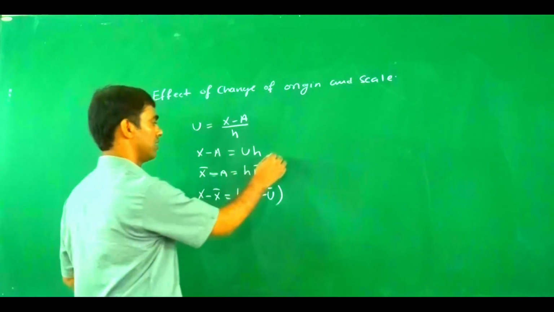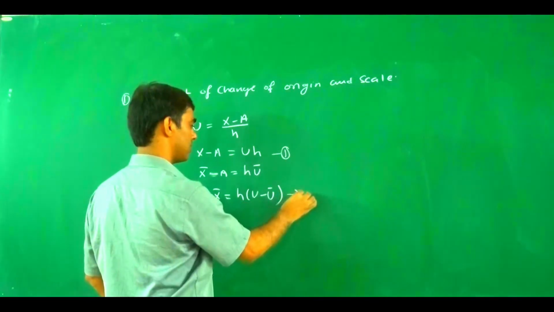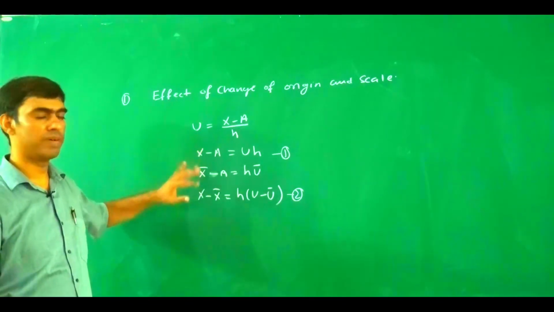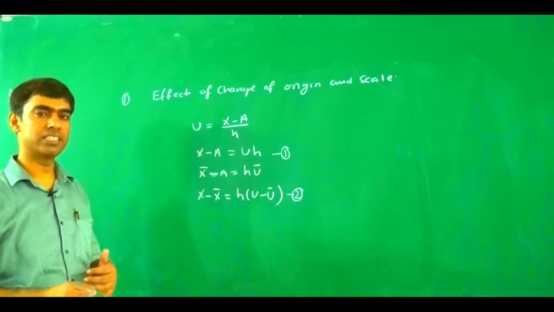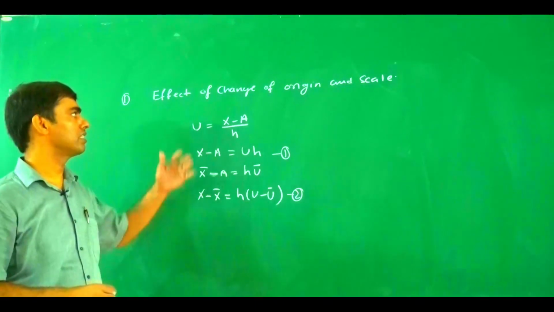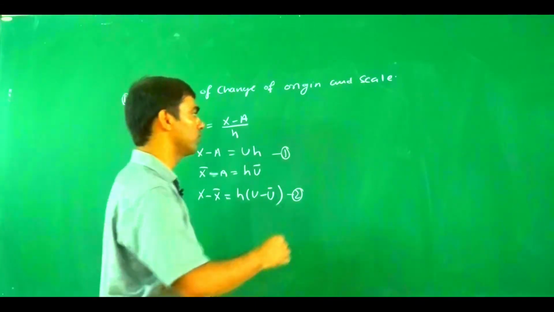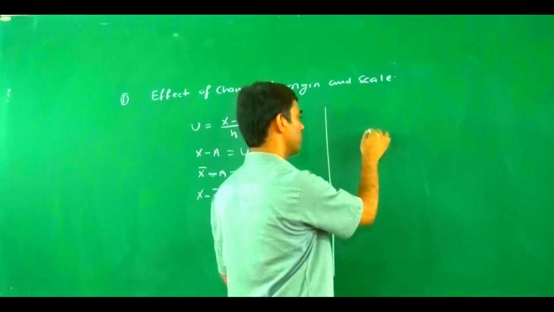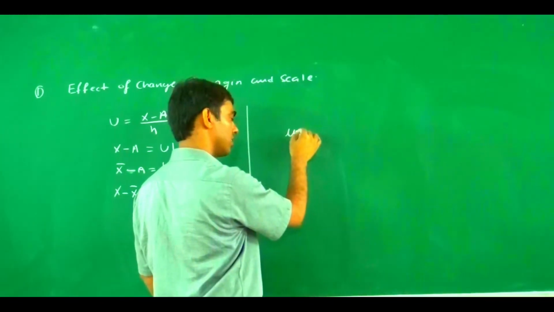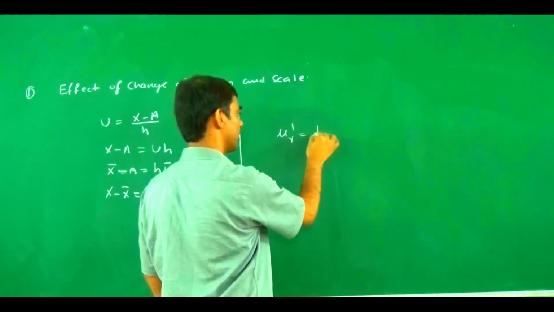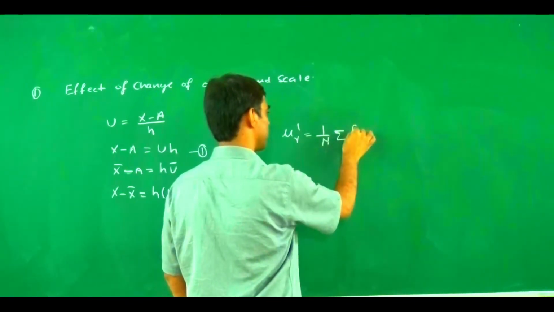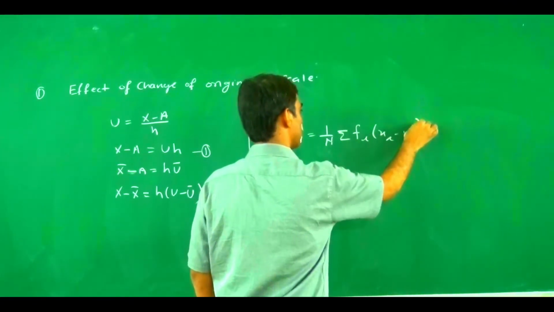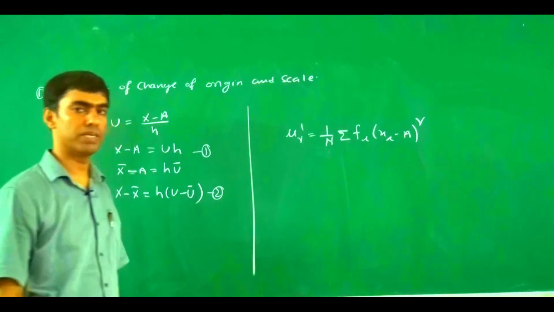Suppose this one is first and this one is second. Now we put these values in and check the effect of change of origin and change of scale on moments about any point and moments about mean. What is the moment about any point? mu r dash equal 1 upon n summation of fi times xi minus a to the power r.